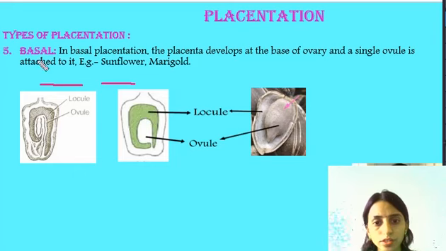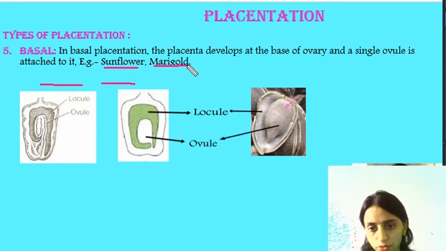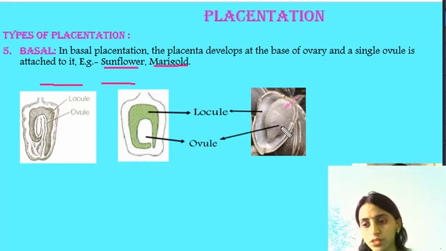Next one is basal placentation. The name itself suggests that the ovules are attached to the base or basal wall of the ovary. Here the placenta develops from the base of the ovary and a single ovule is attached to it. This type of placentation can be seen in sunflower and marigold. Look at this image. It's showing the seeds of sunflower.